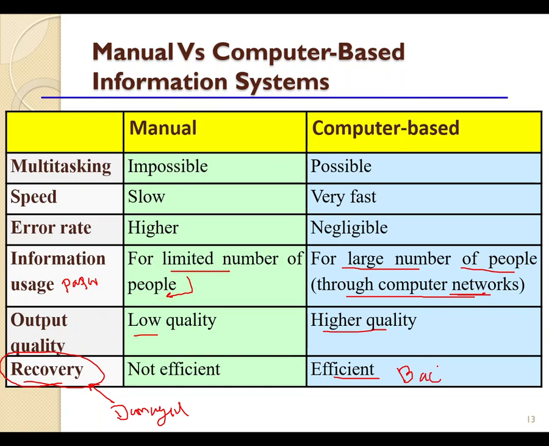You all know this. What is the concept called backup? Backup means keeping a copy of the original data. Whenever you save something, you can copy the files onto a pen drive. Once you copy that onto a pen drive, even though your original files were damaged, is that a matter?